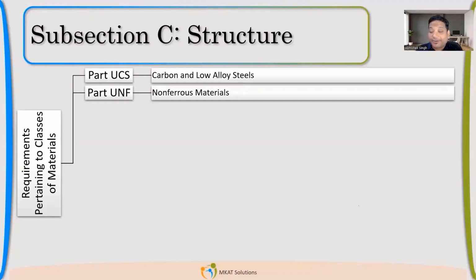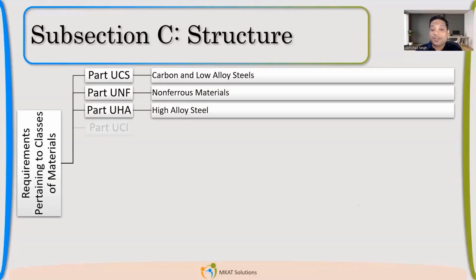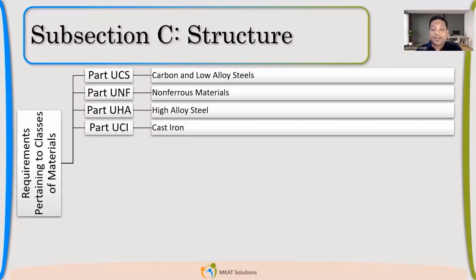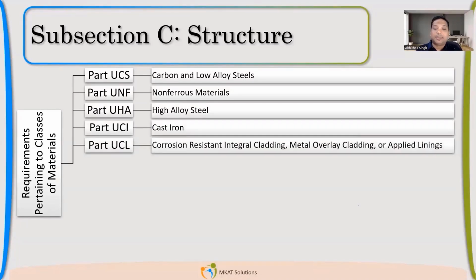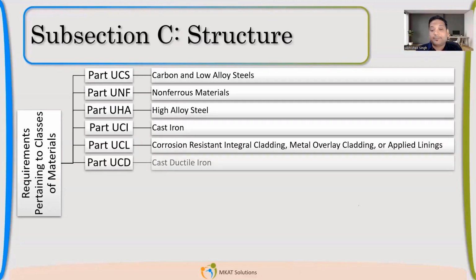Then for non-ferrous materials also, part UNF, UHA for high alloy steel, then cast iron, very rarely used. Then cladding, if some cladding is there, we have to refer to UCL and note down the additional requirement and apply in the drawing or design. Okay, it may be related to weld detail or even design related.